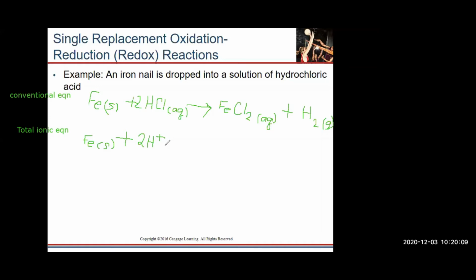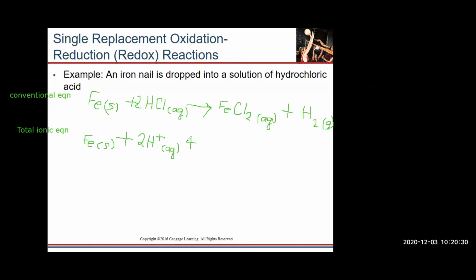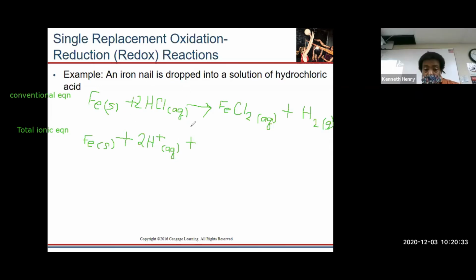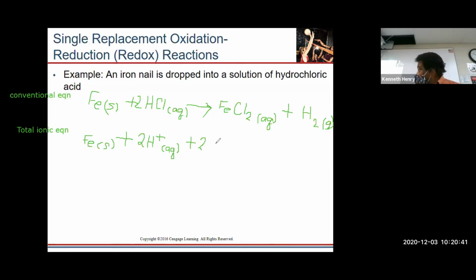Aqueous, that's right, because it's still in solution. Okay, then what? We separate FeCl2. Did we forget anything? Oh wait, no, we need chlorine. So it's 2 chloride, right? Because it's an ion. Yep. So Cl minus aq.